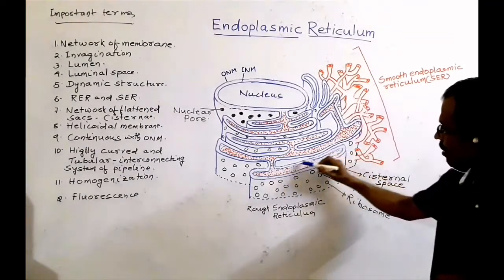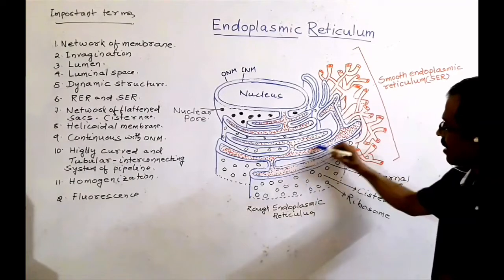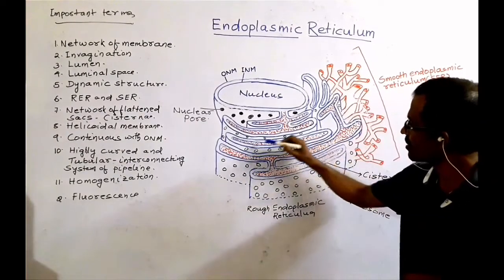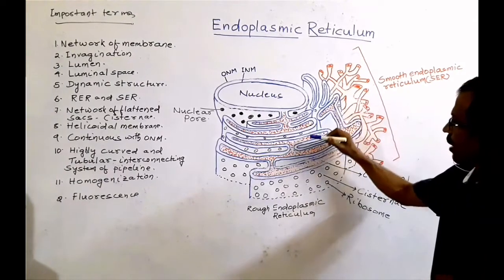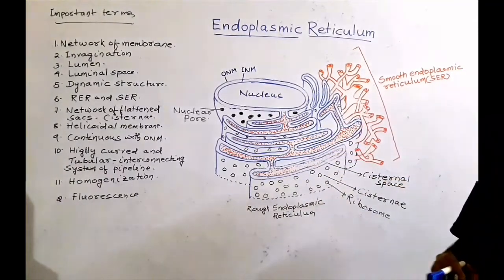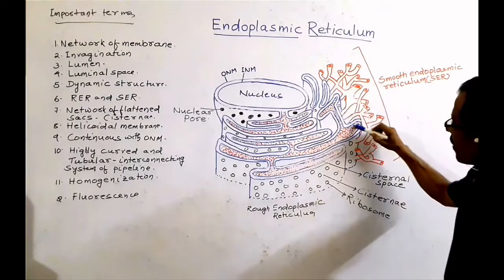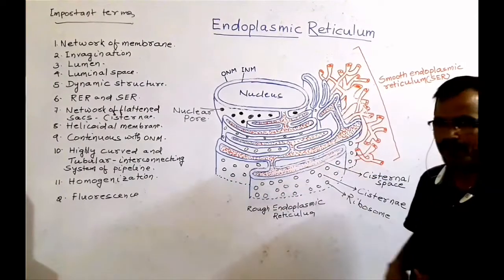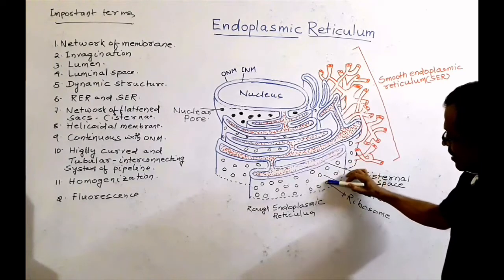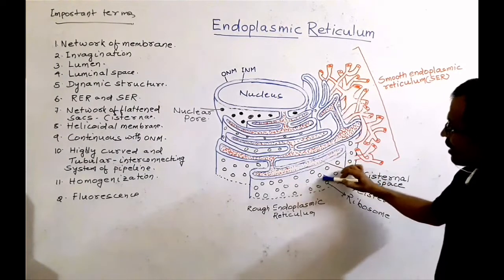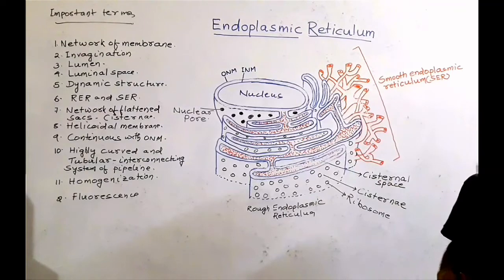So, a number of flattened sacs. These flattened sacs are interconnected by helicoidal membrane to form the rough endoplasmic reticulum. And you can also see that ribosomes are present on its cytosolic surface.